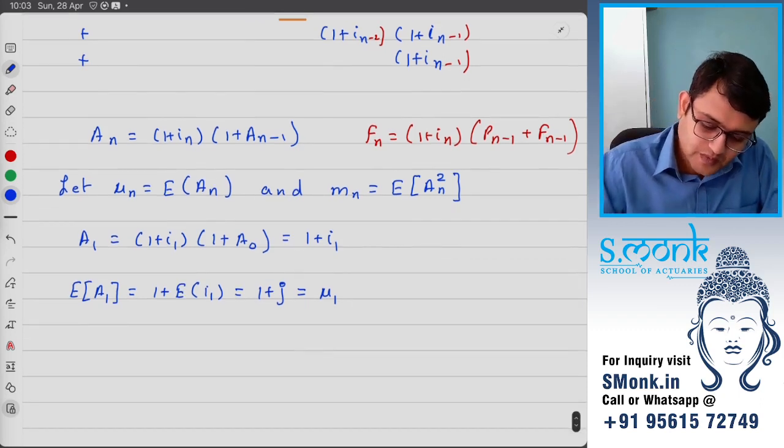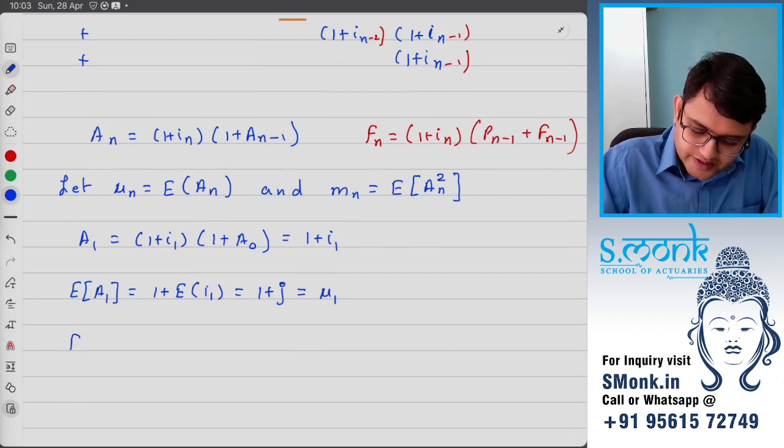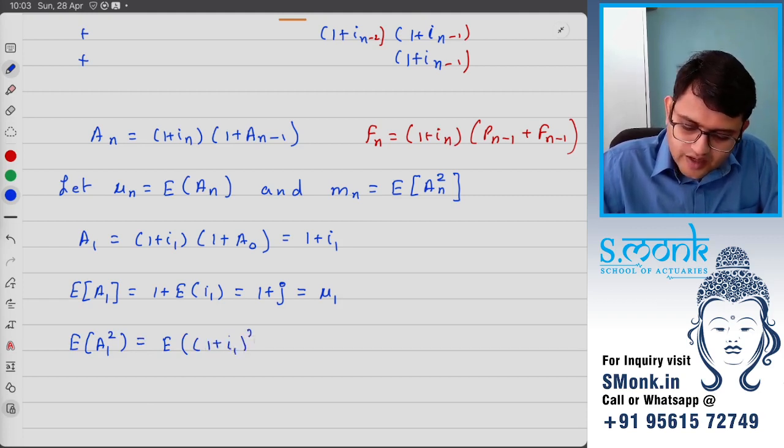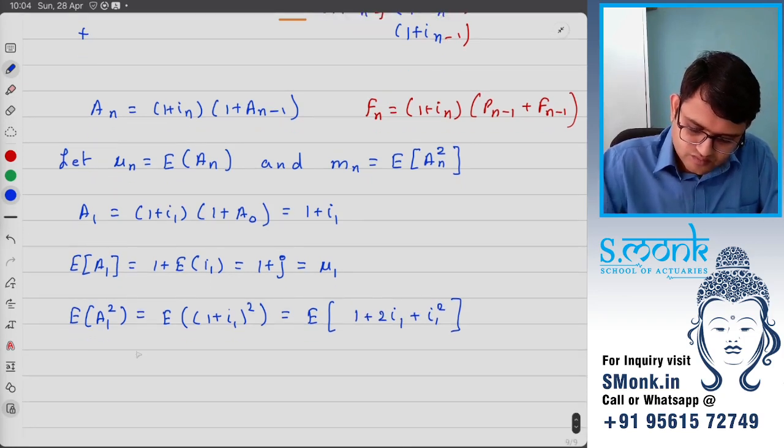Next, the expected value of A_1 squared will just be the expected value of (1 plus i_1) squared.